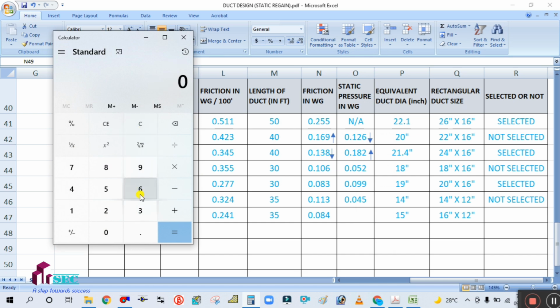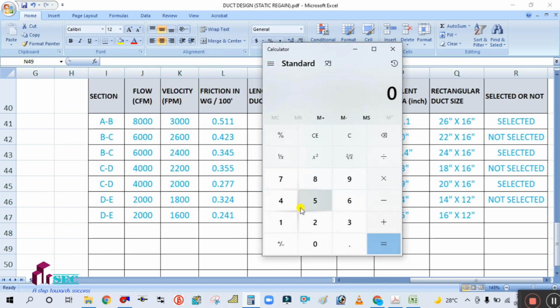Now V2 is 1600, so 1600 divided by 4000, whole square, is 0.16.